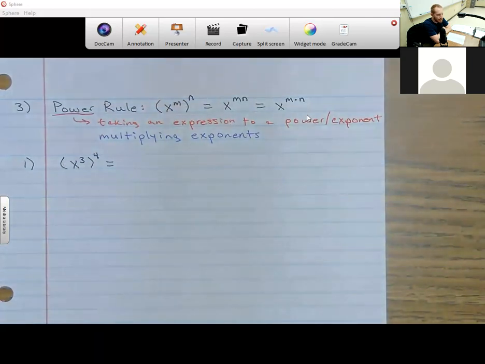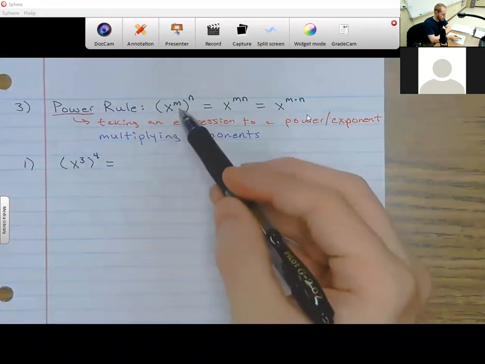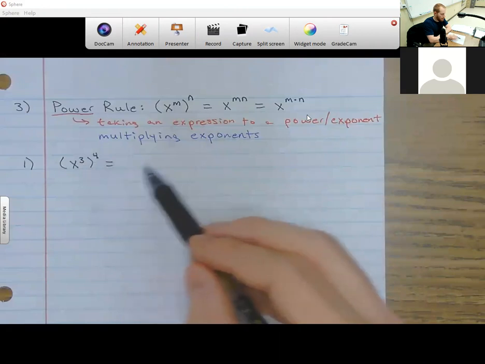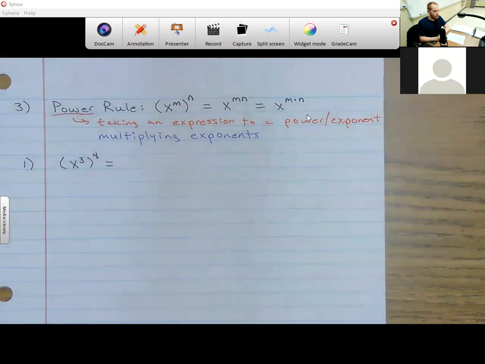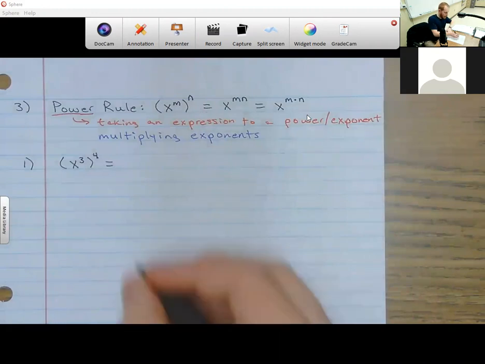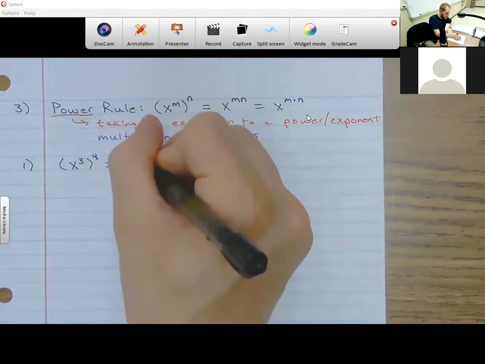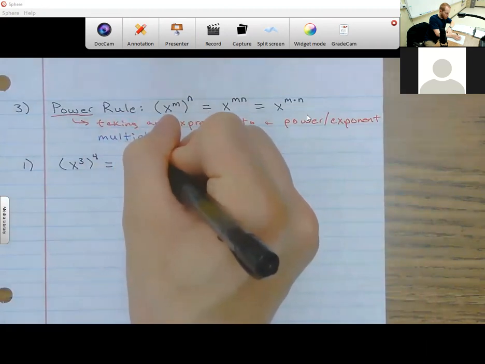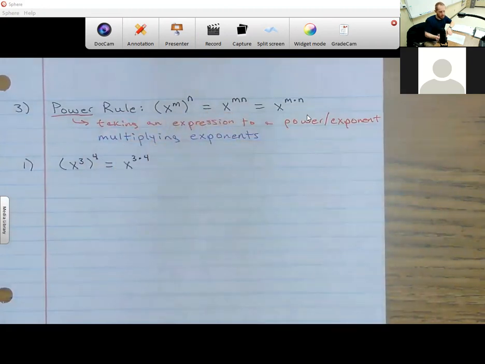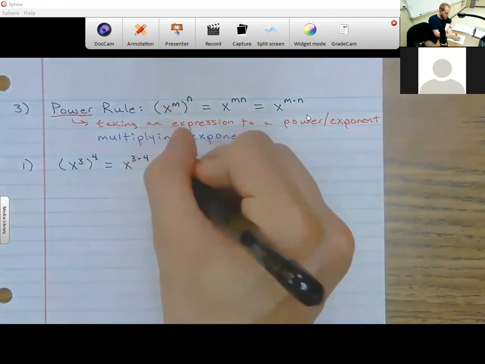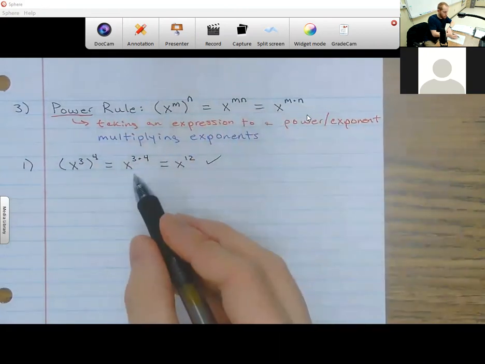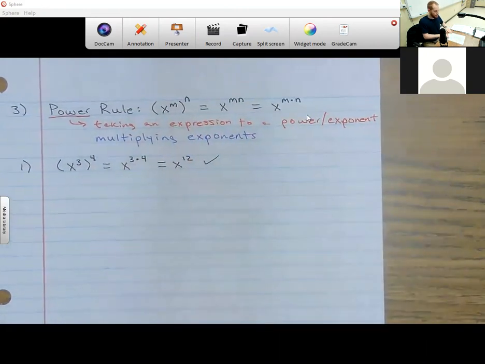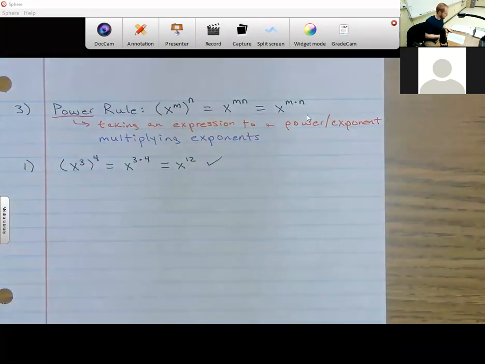Okay, so my m in this situation is going to be 3, and my n is going to be 4. So what happens here? I have x to the 3 times 4 power. Since we're multiplying the exponents together, 3 times 4 should give you 12. So this is really x to the 12th power. And if you wanted to skip that middle step, you could. Okay, so we are multiplying exponents now.